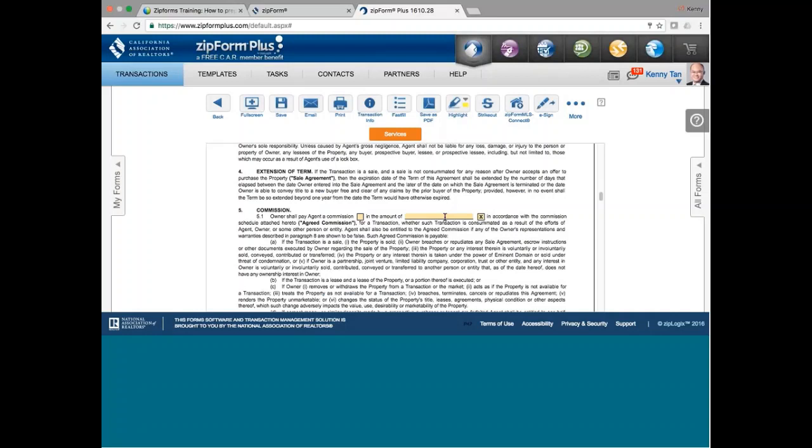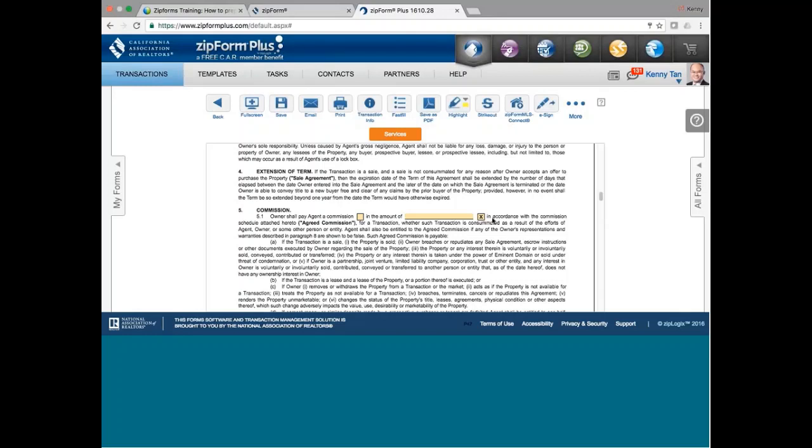Commission, yeah, another thing about the AIR form, because most of the time for commercial, especially when you have a lease listing agreement, sometimes they go by a commission schedule. So you just attach a commission schedule. It's not a fixed amount, and it is varied.